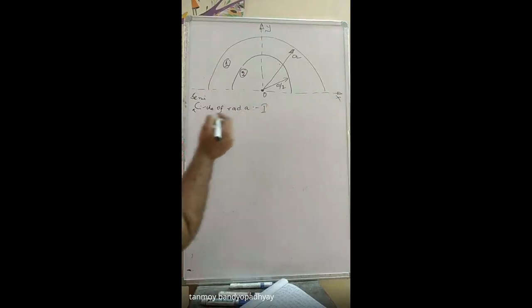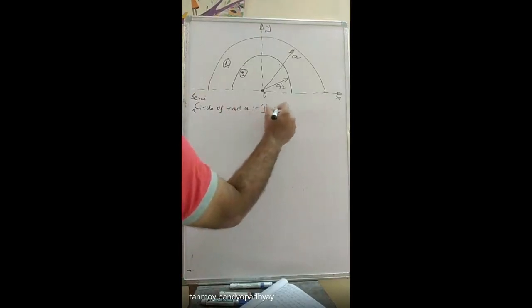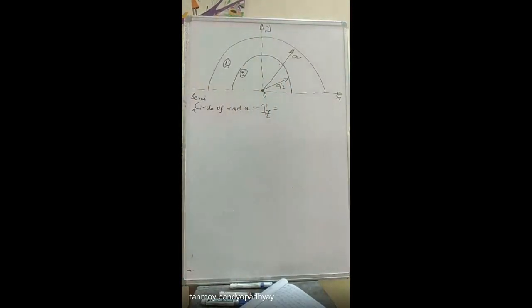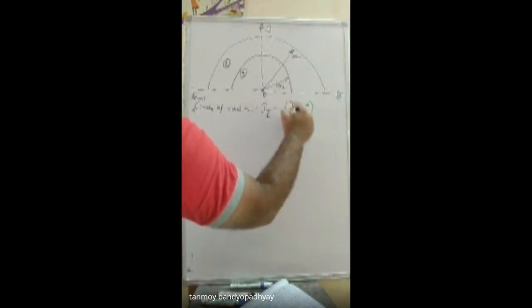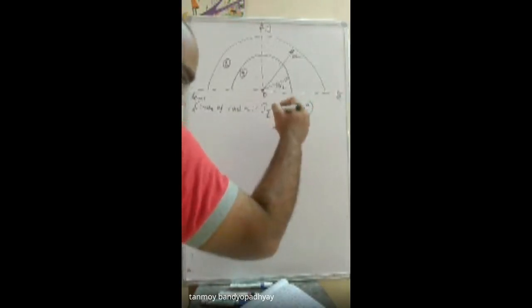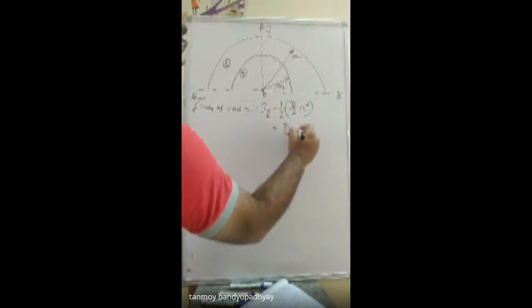What will be Iz? Had it been a full circle it would have been pi by 2 r to the power 4. Half of that, so pi by 2 a to the power 4 half, will be equal to pi by 4 a to the power 4.